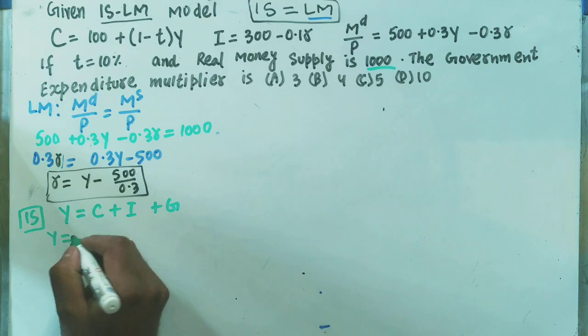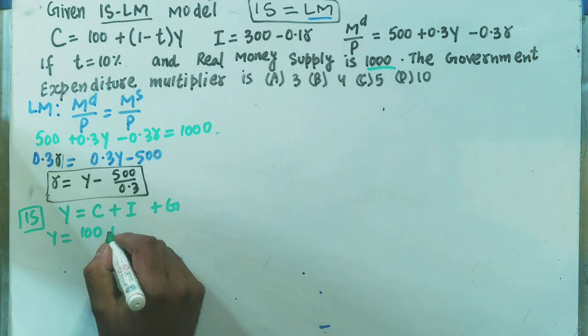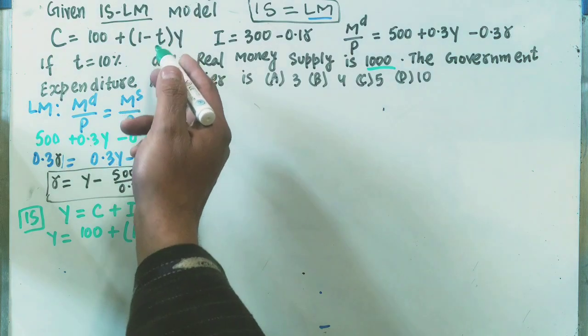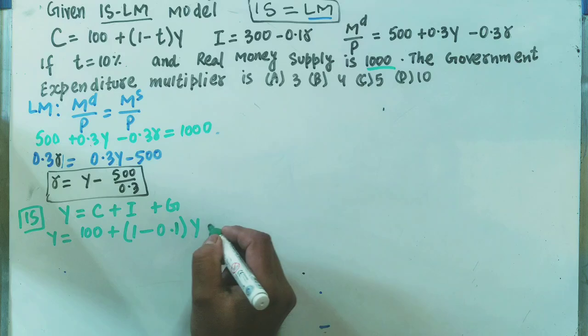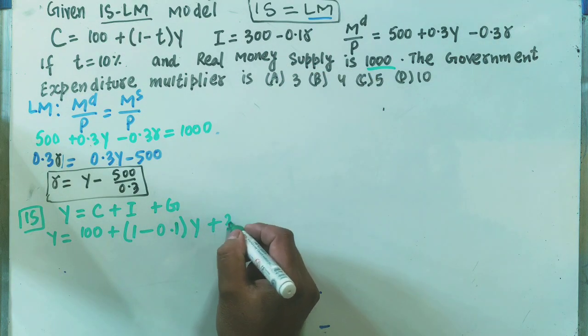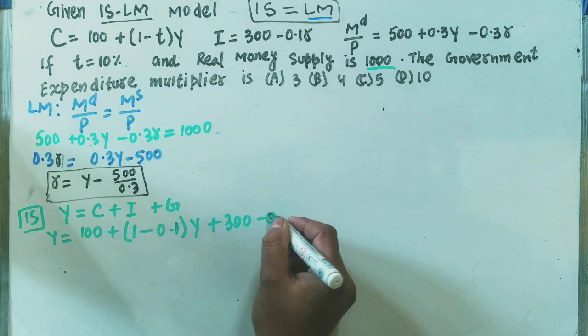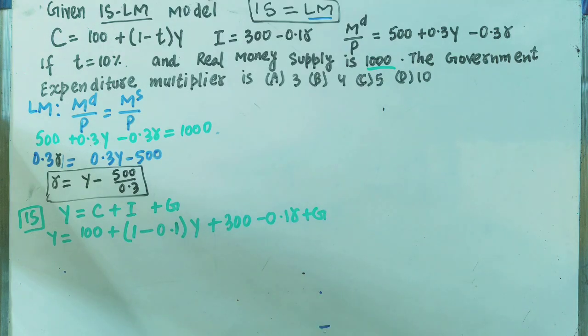Our Y should be equal to the consumption function, which is given as 100 plus 1 minus the value of T, which is 10%, written as 0.1, times Y, plus the investment function, which is given as 300 minus 0.1R, plus the government spending.